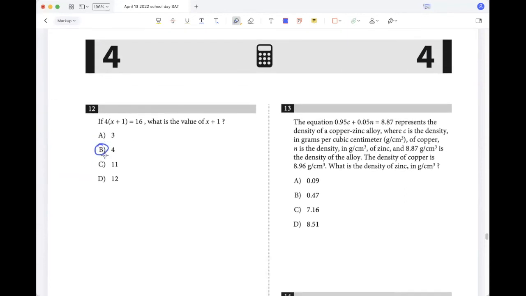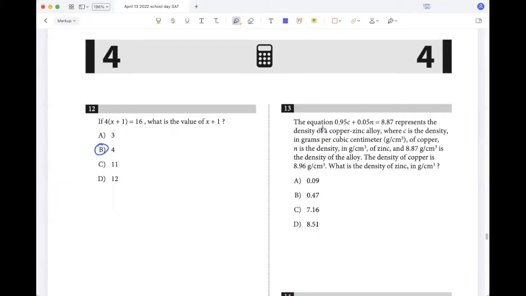The equation 0.95C + 0.05N = 8.87 represents the density of a copper-zinc alloy, where C is the density in grams per cubic centimeter of copper, N is the density of zinc, and 8.87 is the density of the alloy. The density of copper is 8.96 grams per cubic centimeter. What is the density of zinc?